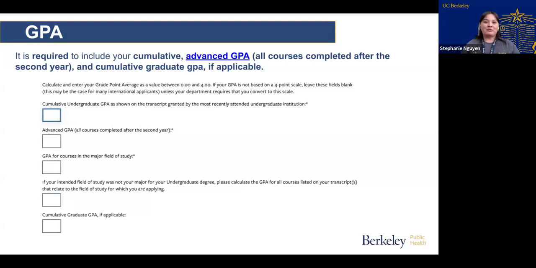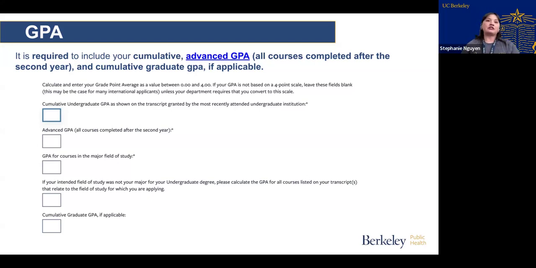To reiterate, we are asking for your undergraduate coursework, so anything after your first 2 years of undergraduate studies up until your conferred date, or anything after your first 60 units up until your conferred date, which means when that last class to earn you your undergraduate degree.